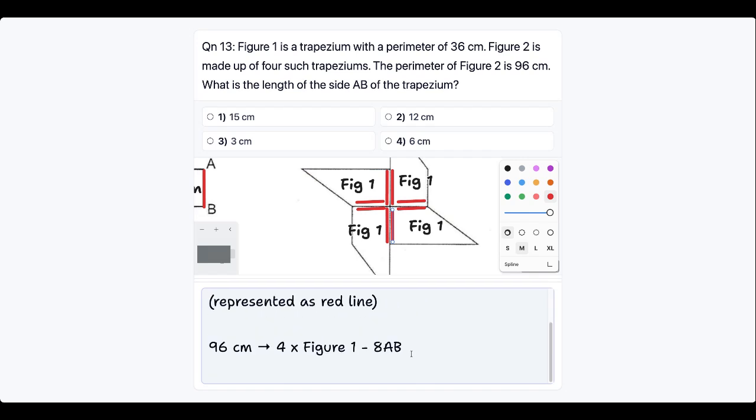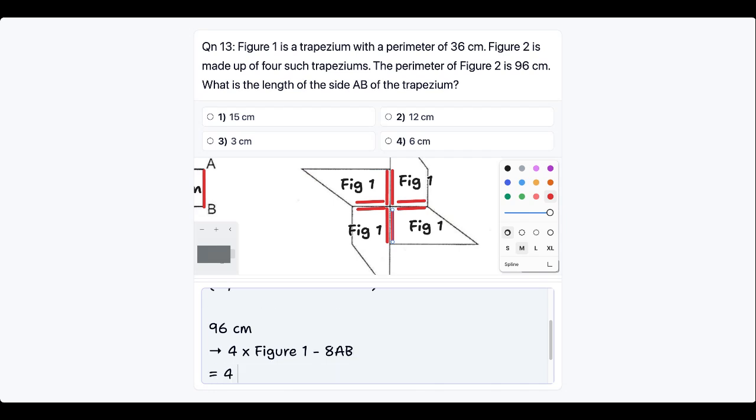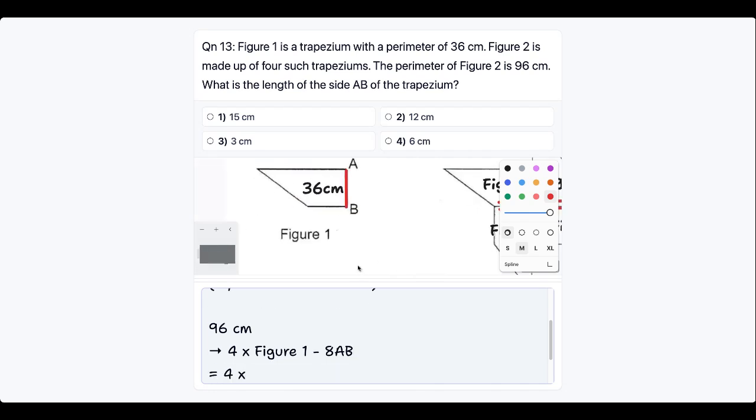So we can just minus off the 8AB. So 4 times figure 1, in this sense, is equal to 4 times 36 and then minus 8AB. Okay, so this is not an arrow sign, but it's an equal sign instead. This is 96.